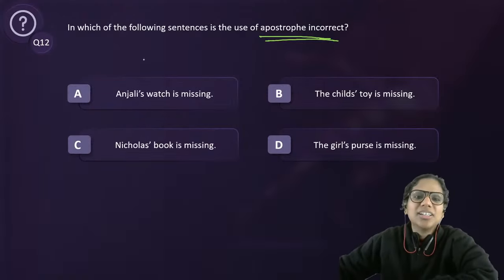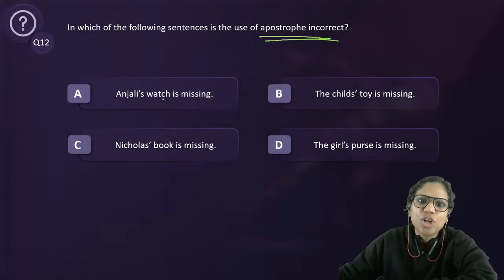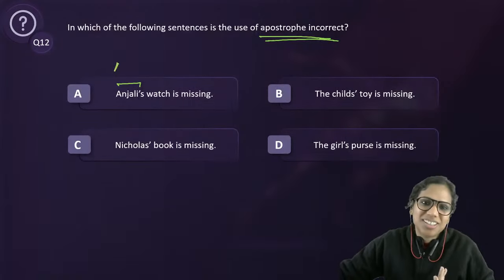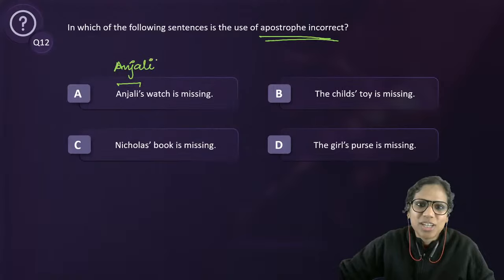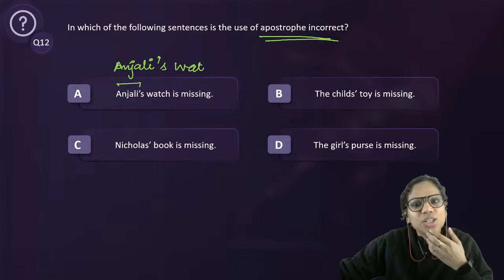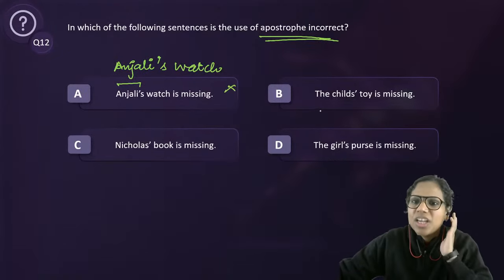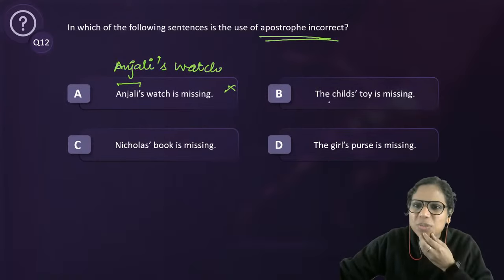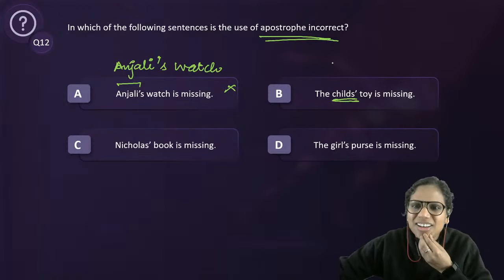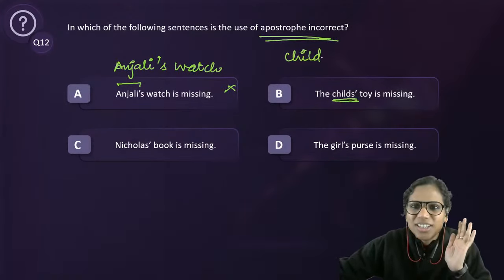So, Anjali's watch. So, watch belonging to Anjali, and Anjali is a living being. So, I mean, she's wearing a watch. The wearer of a watch, I'm assuming, is a living being. So, Anjali's watch is an absolutely correct expression. Watch belonging to Anjali. So, no error here. The child's toy is missing. Child is a singular noun.